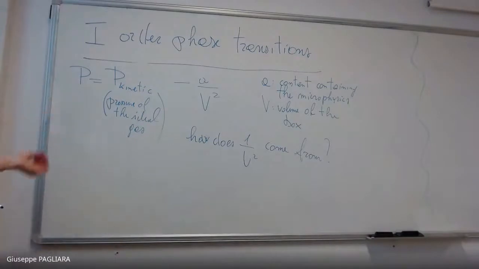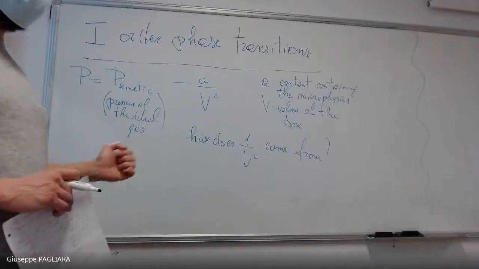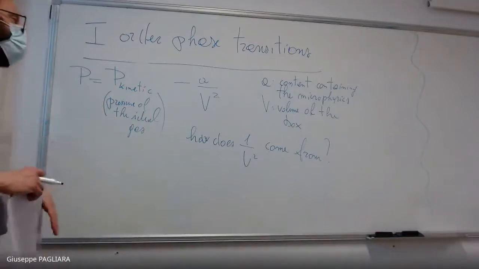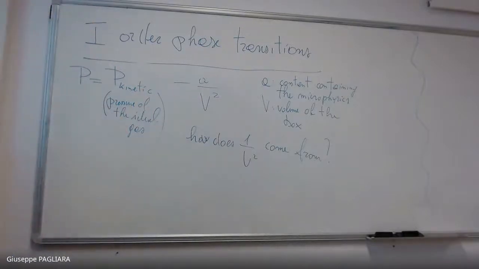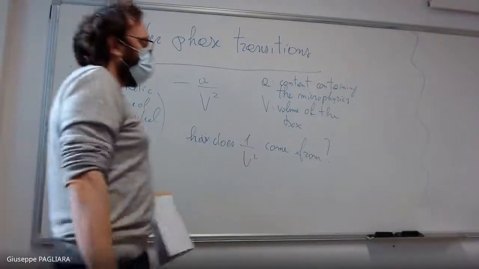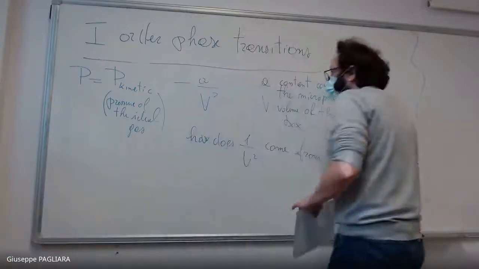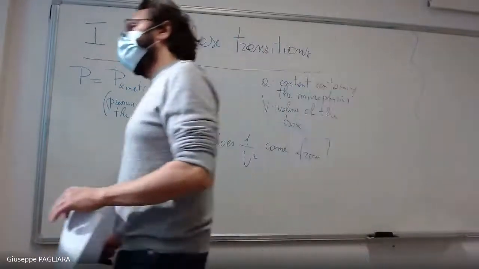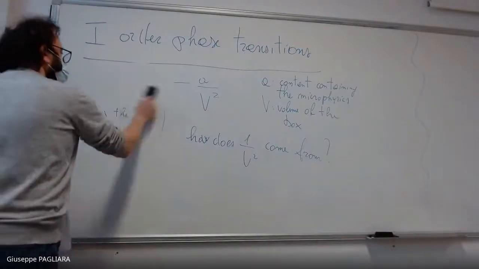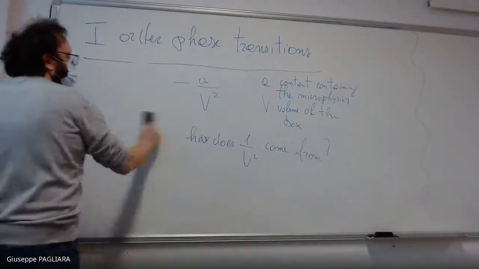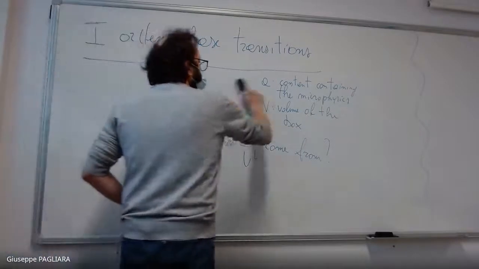Now we can just provide some phenomenological arguments. As in the case for the volume, where we said we have to reduce the volume, now we have to reduce the pressure, and we need to introduce this 1 over V squared term. Why 1 over V squared? For the moment, we can provide just a sort of phenomenological explanation by considering the following argument.